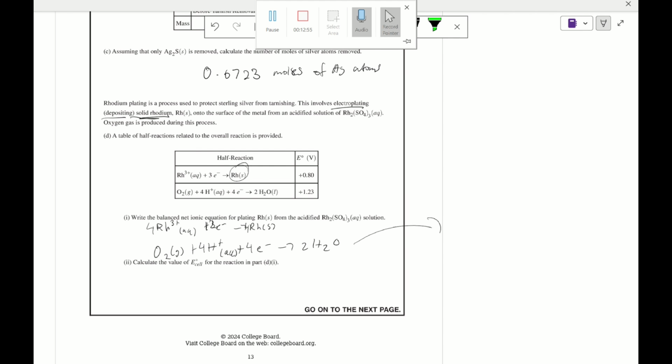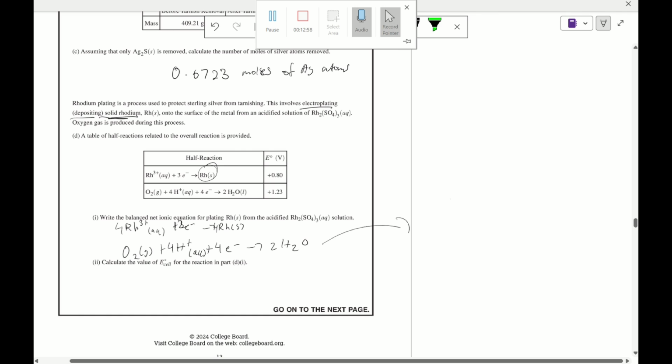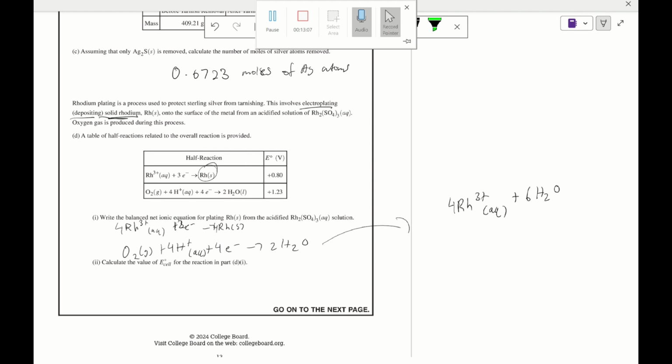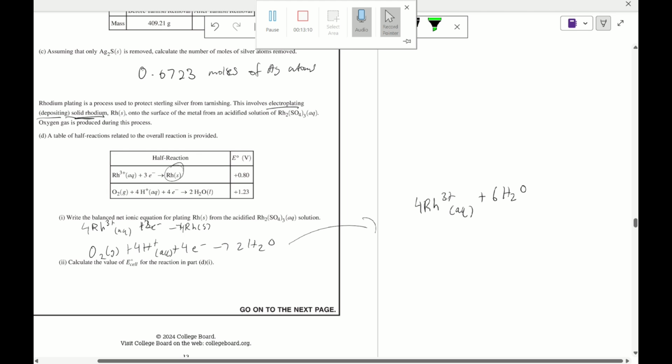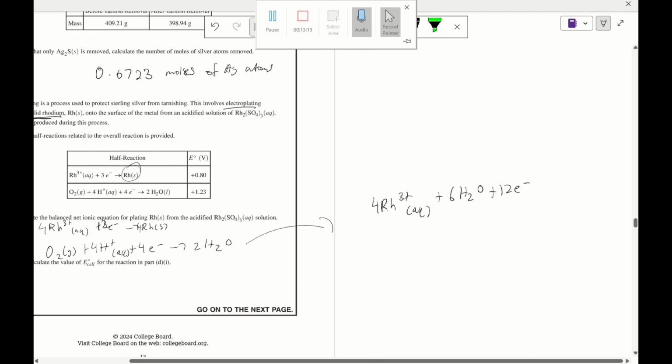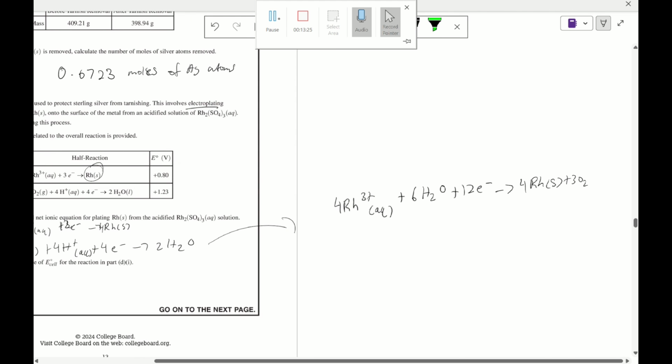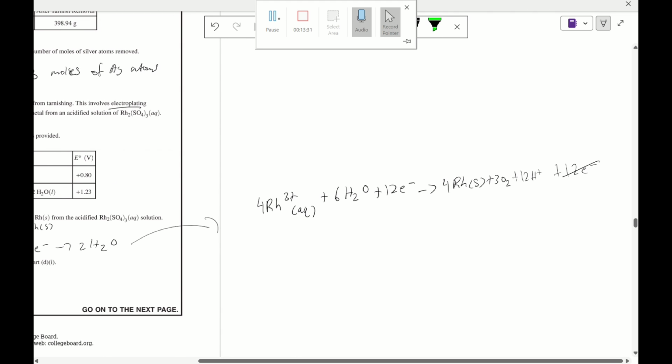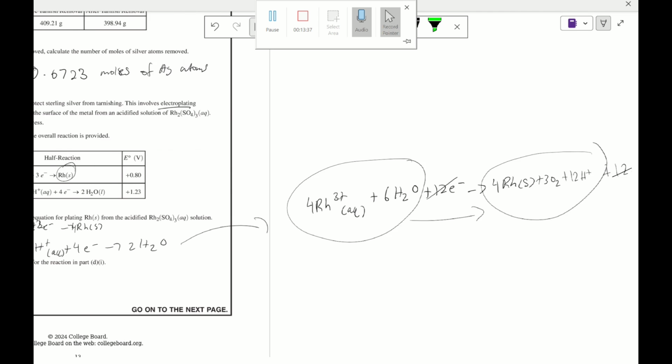And basically, we would get 4Rh3 plus aqueous plus 6H2O plus 12 electrons, which would yield 4Rh solid plus 3O2 plus 12 hydrogens plus 12 electrons, and the electrons on both sides would cancel out, and this yields our final reaction.